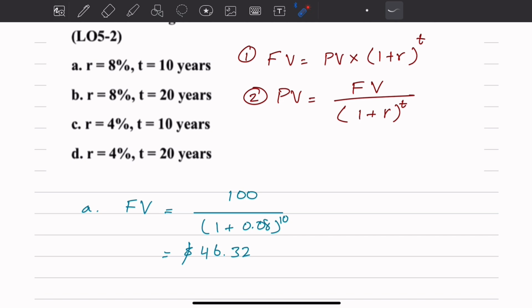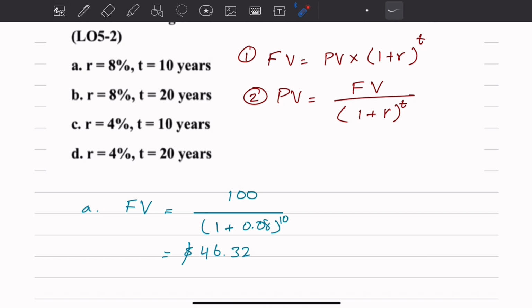What is the maximum amount they should be willing to pay today if they have a cost of capital of 8%, right? So the maximum the company should be willing to pay is this amount, $46.32. That is, $46.32 today is the equivalent of $100 in 10 years if they discounted using an 8% rate of return.